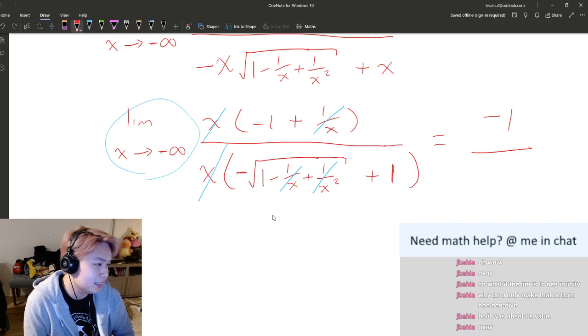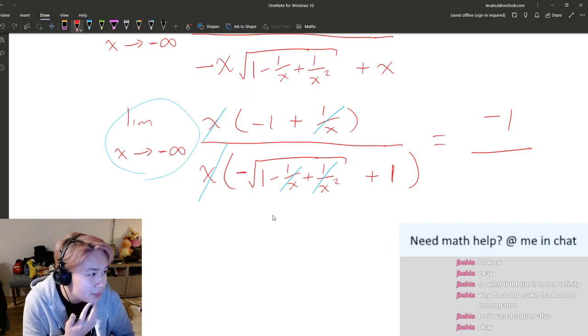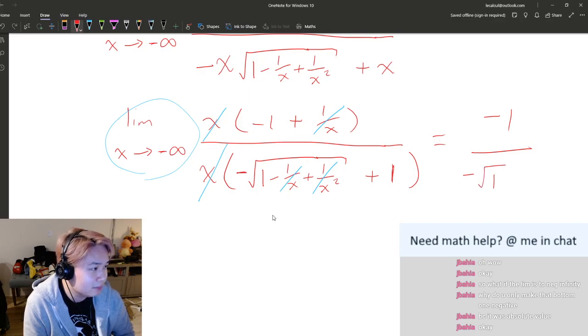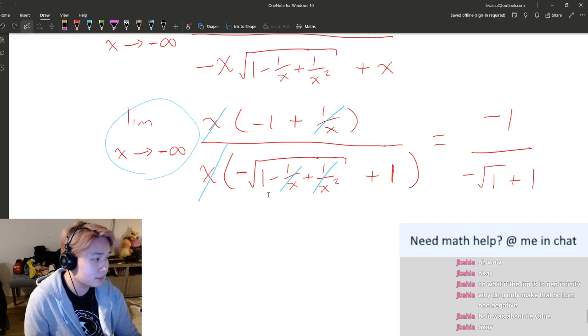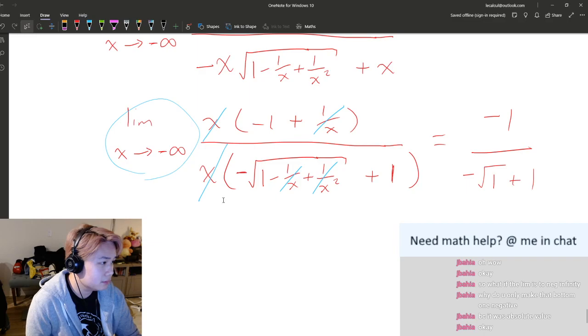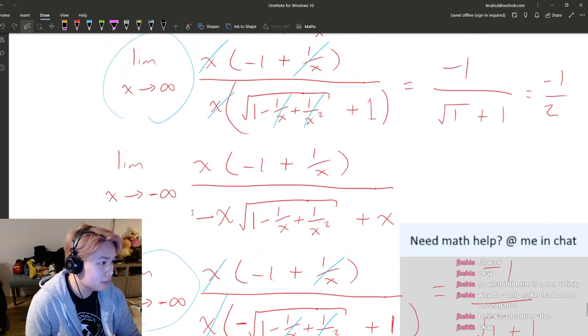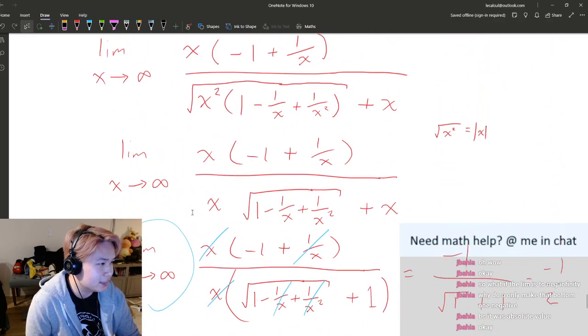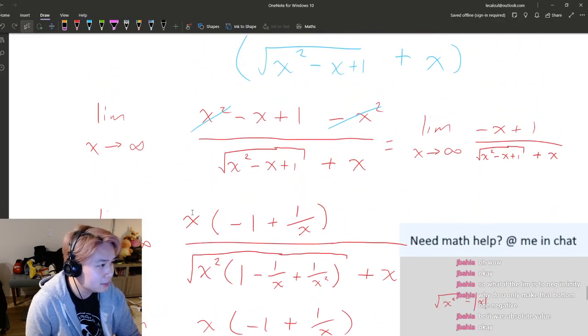wait a minute, does this lead to issues? Because then you get 0 on the bottom, right? Because then you would have -1 plus 1, which ends up being 0. So does it not exist if you go to the negative side?